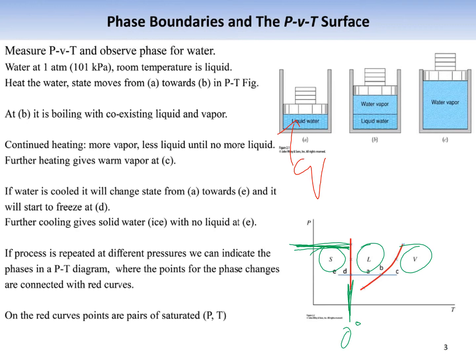For instance, if we have a pressure of 101.35 kilopascal, that is 1 atmospheric pressure, and the temperature is minus 20 degrees centigrade, will the ice boil? No, ice will not. Will the ice melt? No, the ice will not melt. It will only melt if we continue to increase temperature.